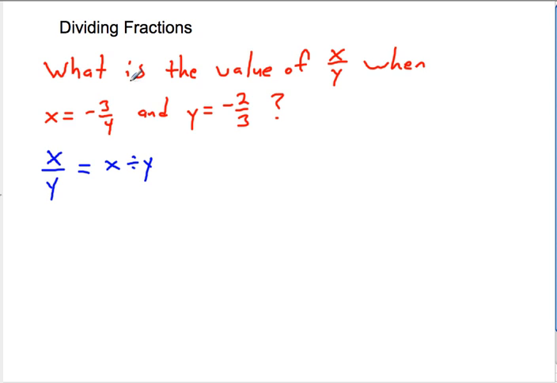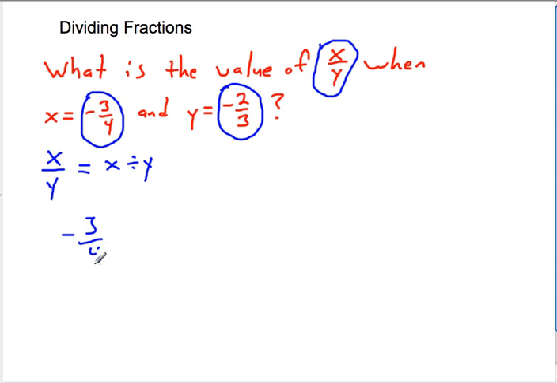So when you're dividing fractions, it looks more complicated than it is. For instance, here, if you want the value of x over y when x and y are fractions, it looks complicated if you write it like this, x over y.